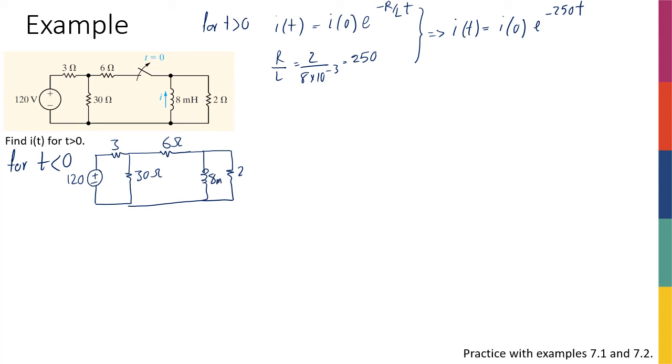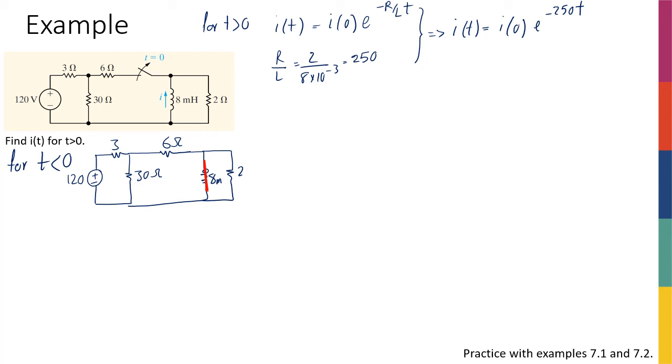Now, I know that for a long time, from negative infinity up to just before switching, the circuit hasn't changed, and it's a constant source, so my inductor can be replaced with a simple piece of wire.